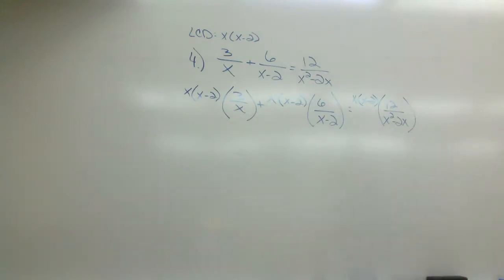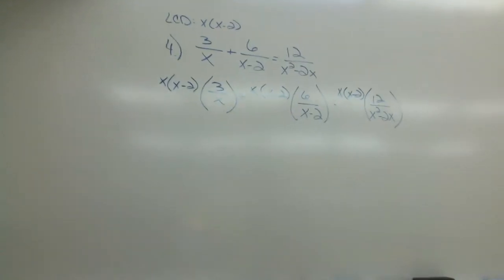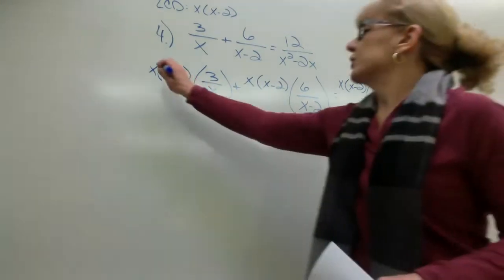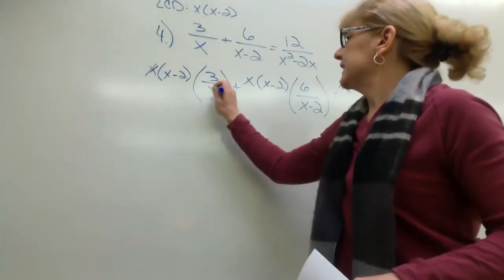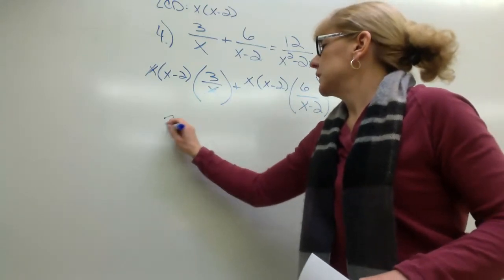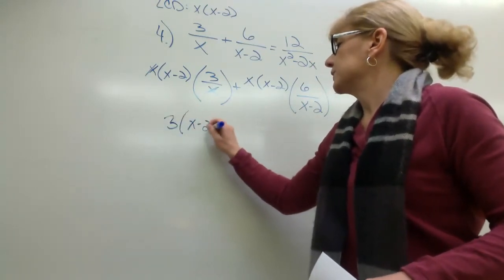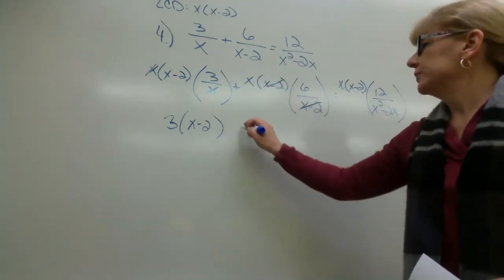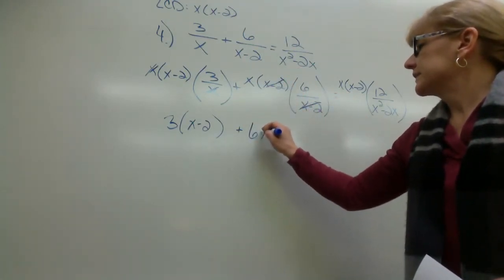Okay, so again, I want to take a look at this and cancel any common terms between the numerator and denominator here. So I'll cancel x in the first term, leaving me 3 times x minus 2. In the second term, I will cancel the x minus 2's, leaving me 6x.